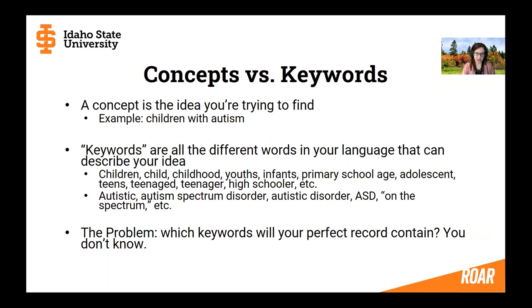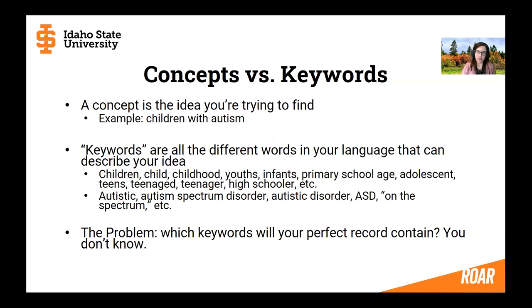What kind of child are we talking about? A youth, an infant, a primary school age child, adolescent, teens, teenagers, high schoolers? There are so many different words that could appear in a journal article or in a book that you're hoping to find, that you're not going to find it unless you're considering those keywords in your search.